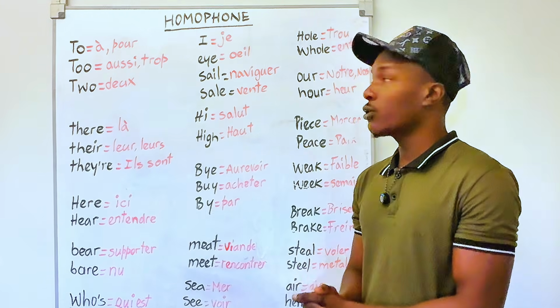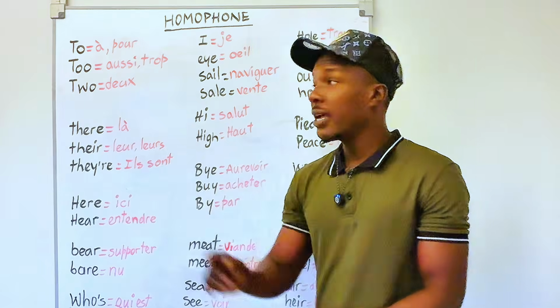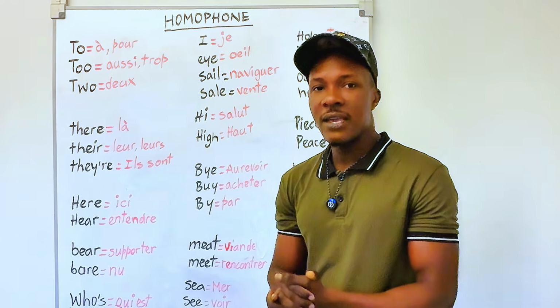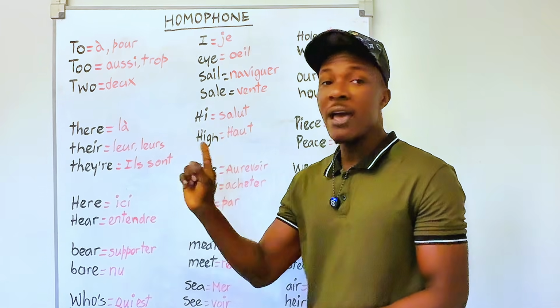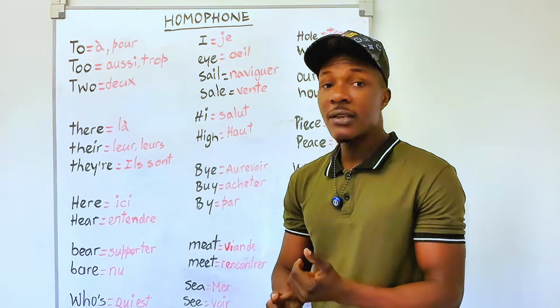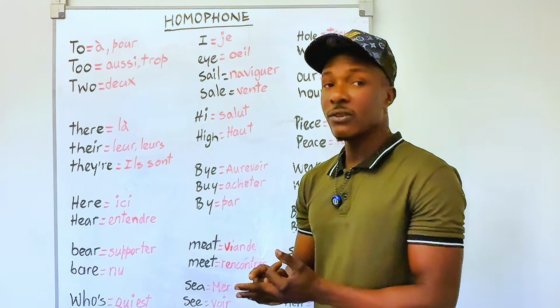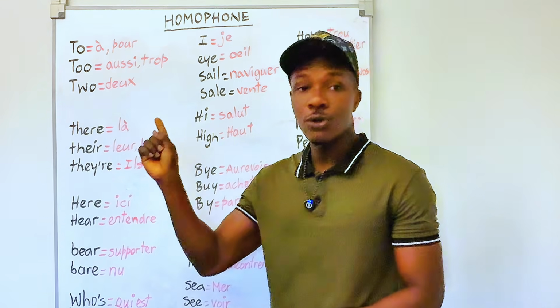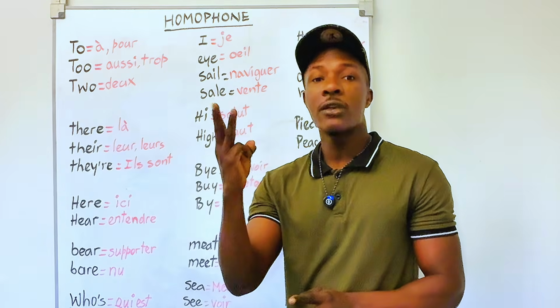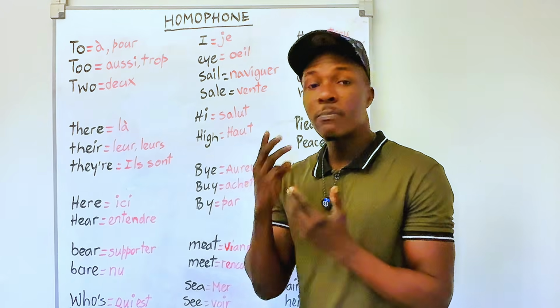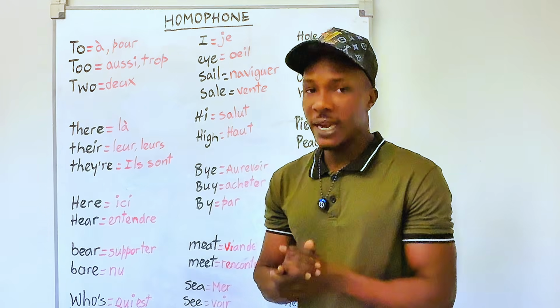So let's start first with this group of words. They have the same pronunciation, but they don't have the same spellings or the same meanings. Let's start with "to." There are three different ways you can spell the pronunciation "to" in English.